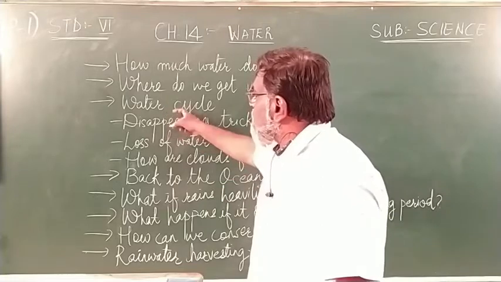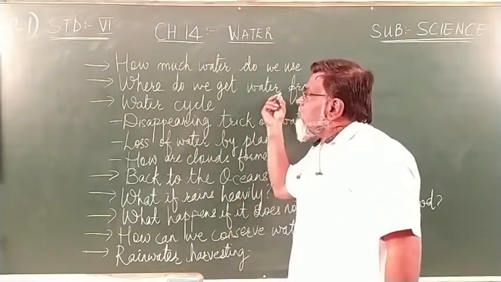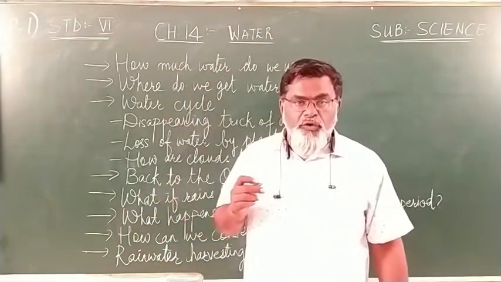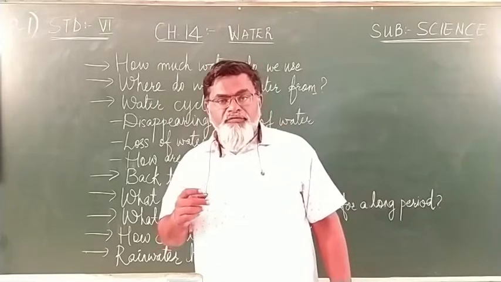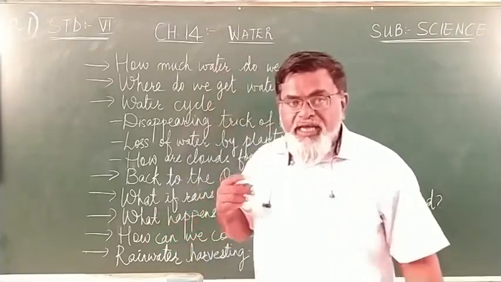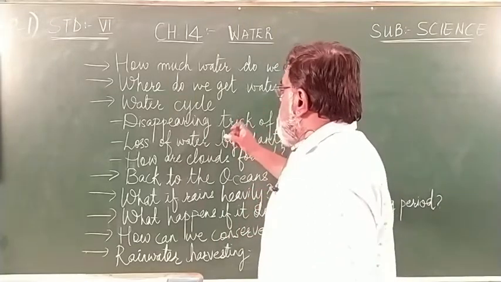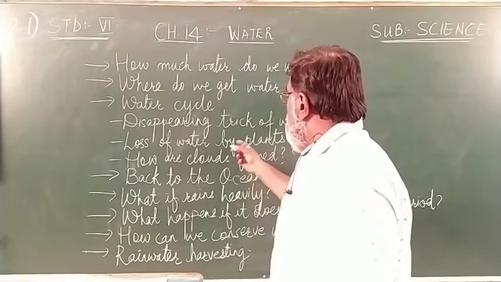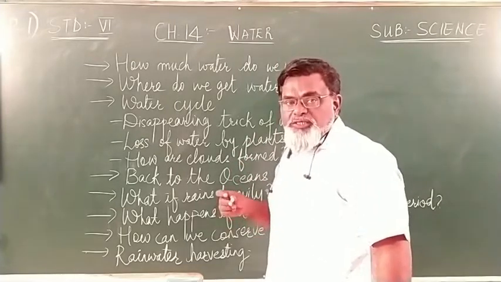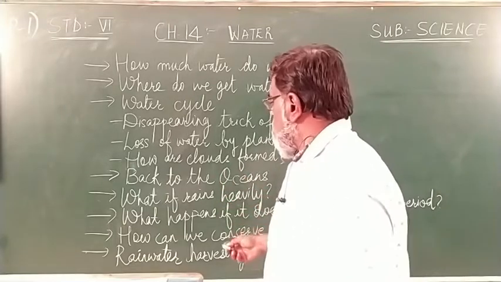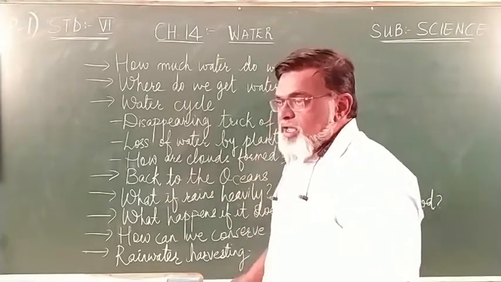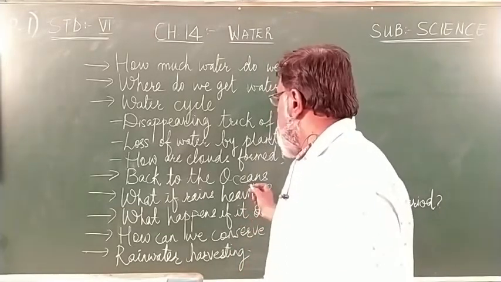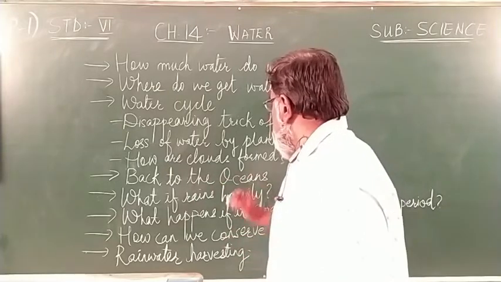In the second part we are going to study the water cycle. After understanding how much water we use and what the source of water is, from where the water comes, it is a cycle, a rotation. In the water cycle we are going to study the disappearing of water, loss of water by plants, the plants which take in water, how they lose water, how clouds form when there is heat, and then back to the oceans.